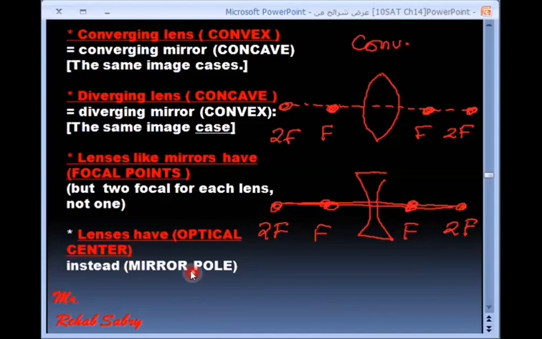But here, instead of the mirror pole, we have another important point, which is called the optical center. It's the center point of the lens.